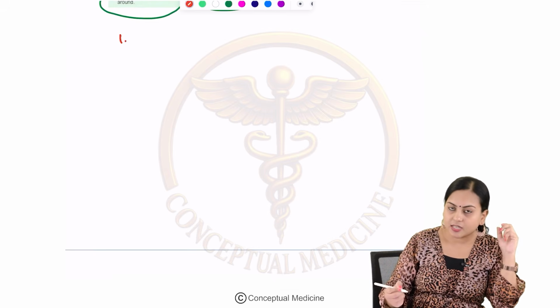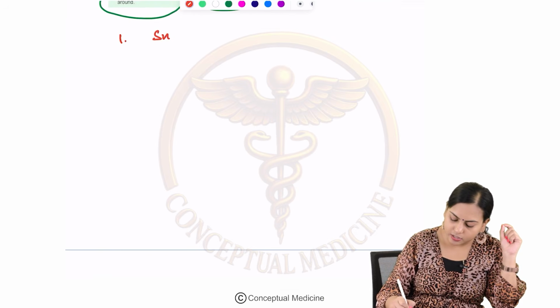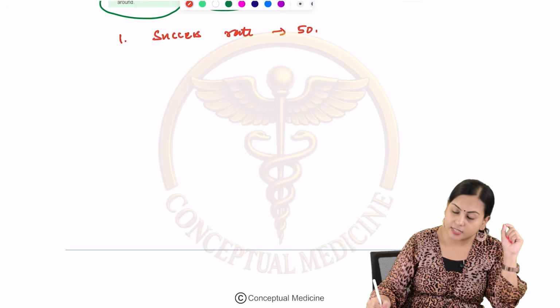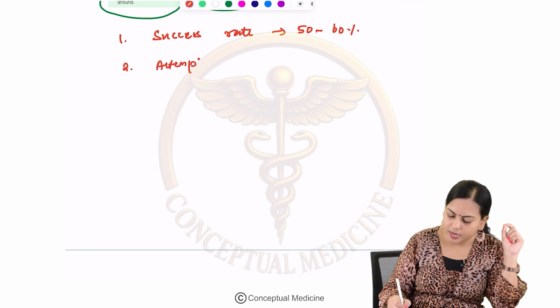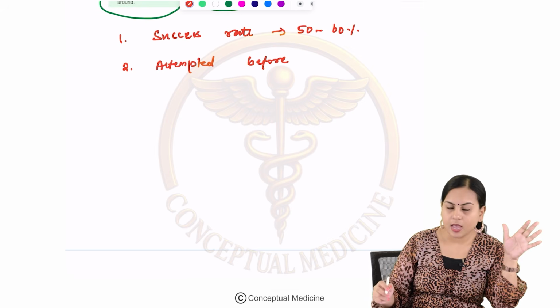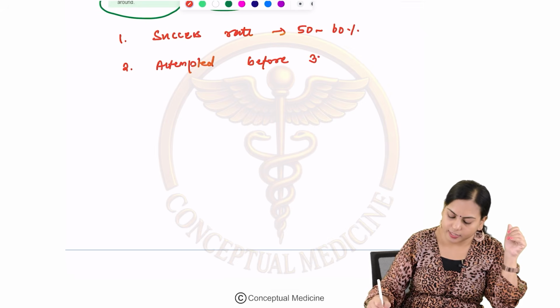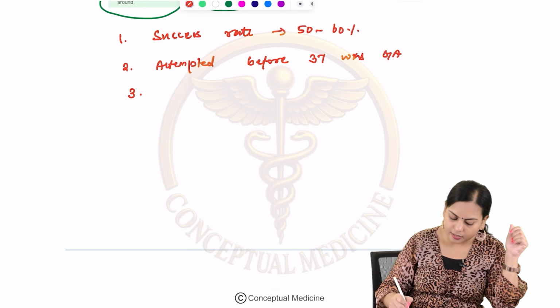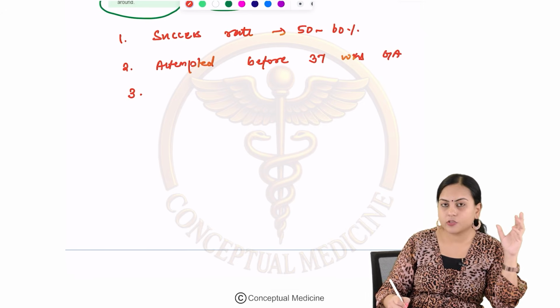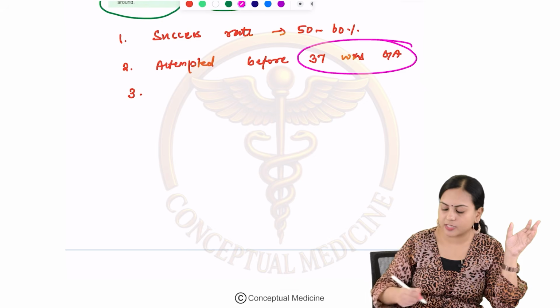See, the external cephalic version success rate is around 50 to 60%. It should be attempted before the onset of labor pains, ideally at 37 weeks of gestational age.